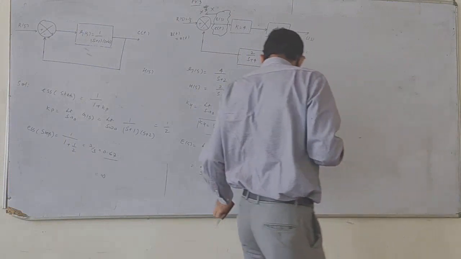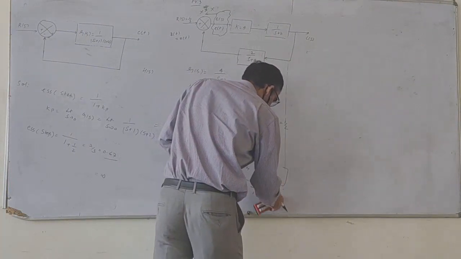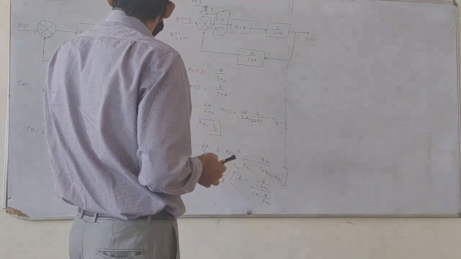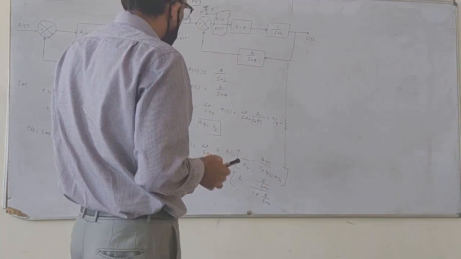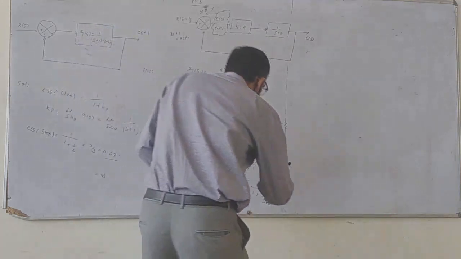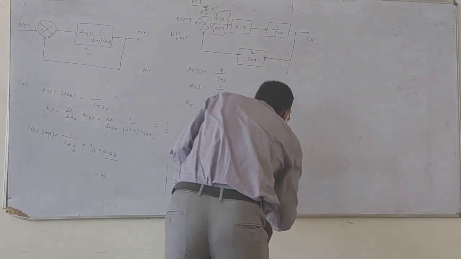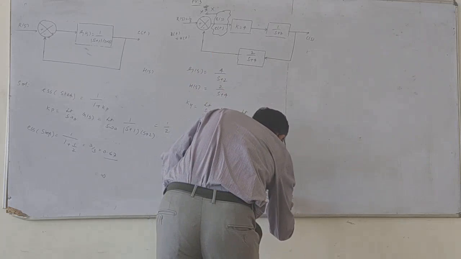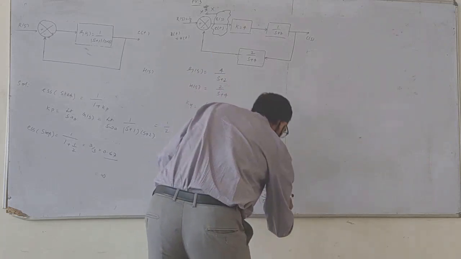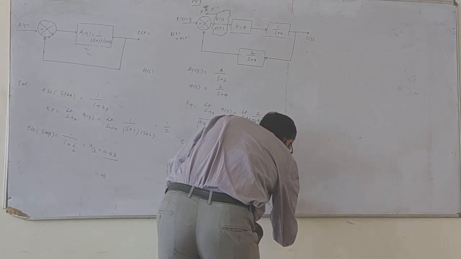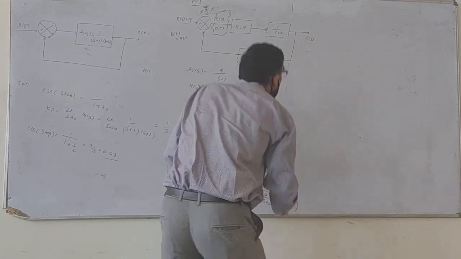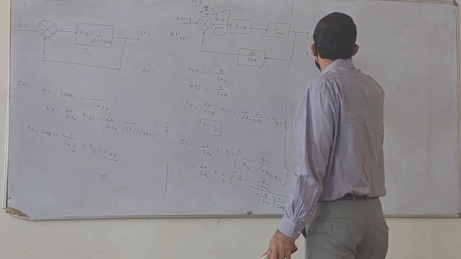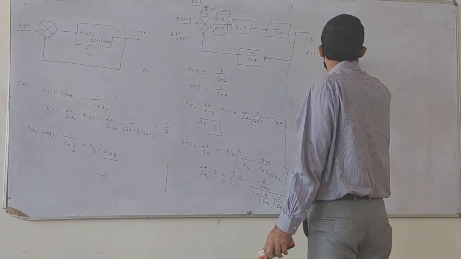Okay, this is 1 plus, and we also have H of s. What is H of s? It will come here. H of s is 2 by s plus 4, right? Fine. E of s is limit s tends to 0.